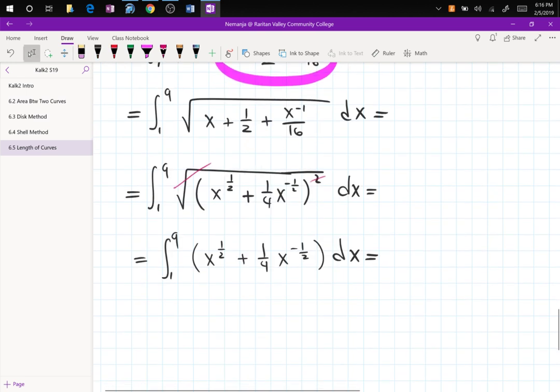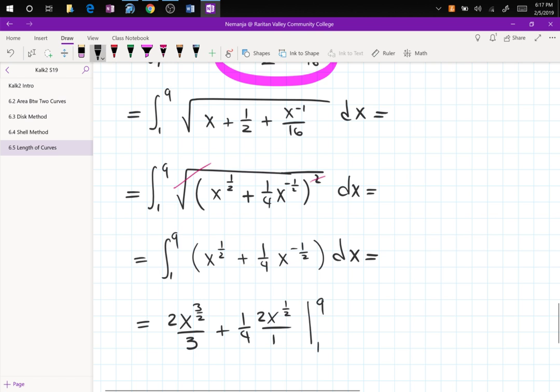Now this is a basic integral. We have x to the 1/2 plus 1 would be x to the 3/2 over 3, and we put the half on top immediately, plus copy 1/4, that's a constant. Then we have negative 1/2 plus 1, which is going to be positive half, so x to positive half divided by 1, and then 2 goes on top.